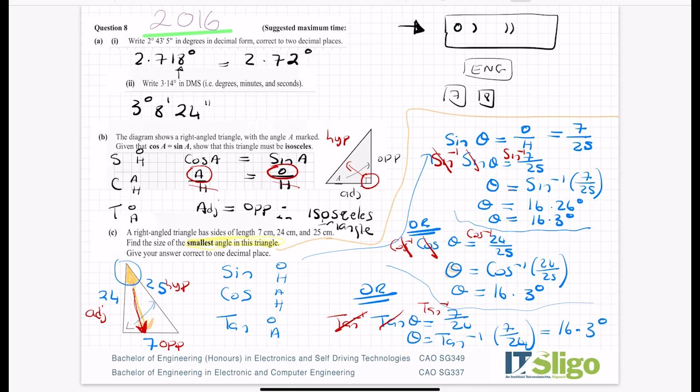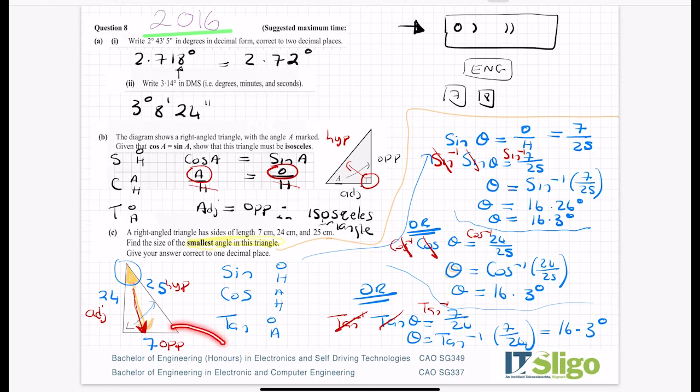Okay, so just to recap on that question, it gave us 3 sides. I just drew a triangle to represent it. Always know that the smallest angle is opposite the smallest side. That's how I knew the smallest angle was going to be that one. That's 90 degrees.